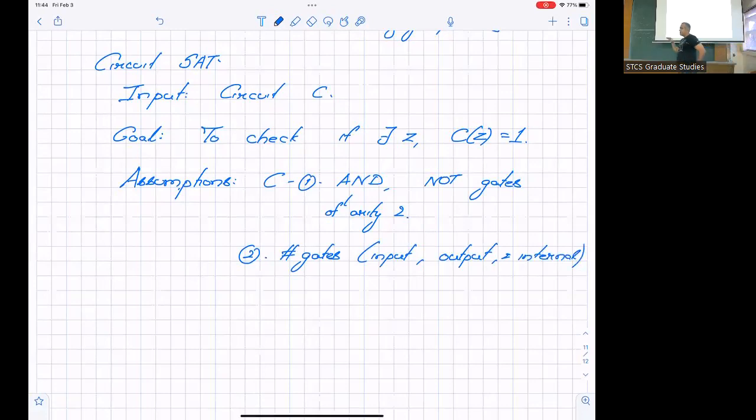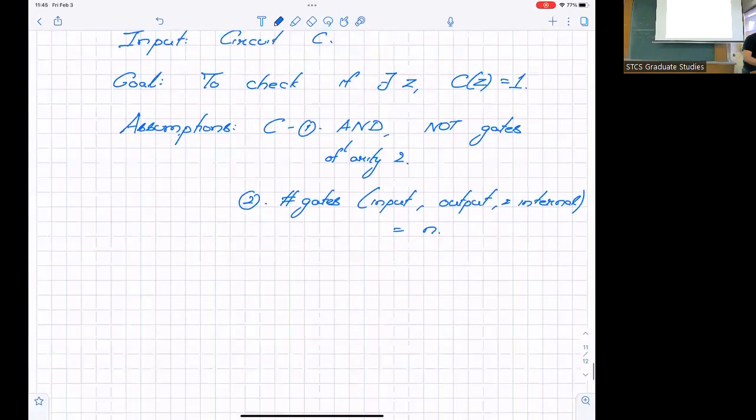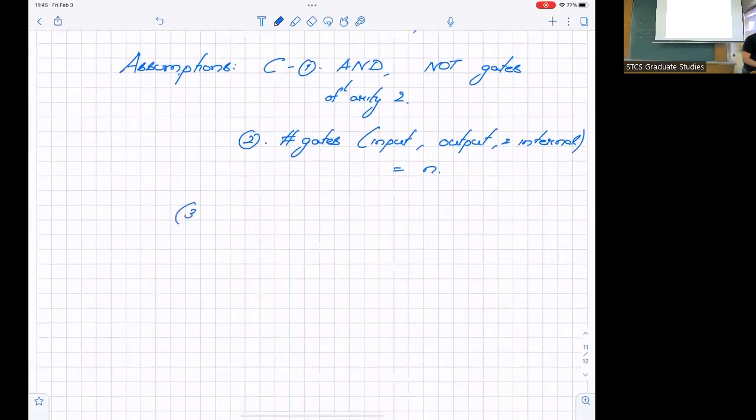Usually N is used to refer to the number of input gates, but I'm going to say N refers to the total number of all these gates. This is what I'm going to call N, convenient for me. And what are we interested in? That there exists a Z in {0,1}^N such that C of Z equals 1.